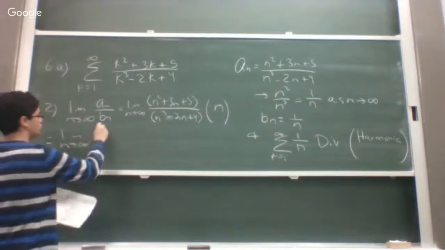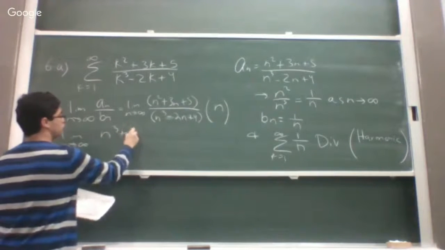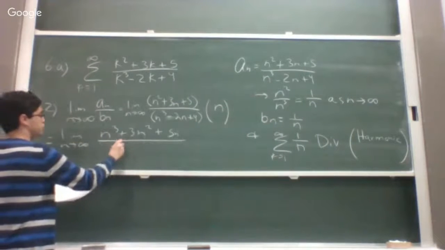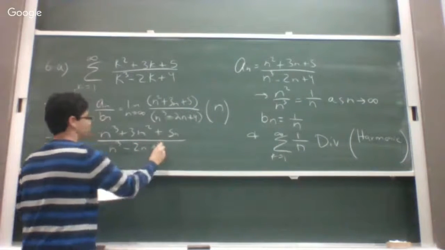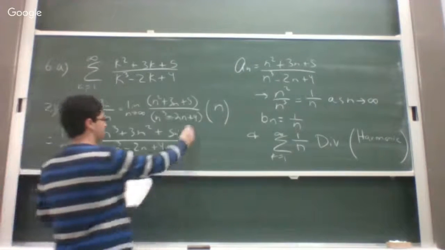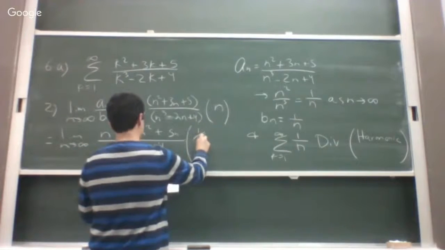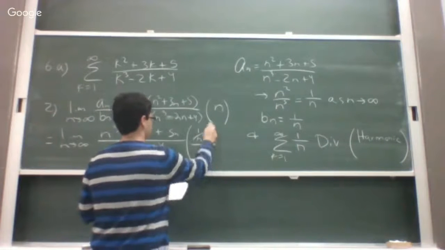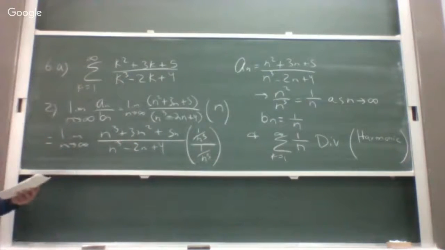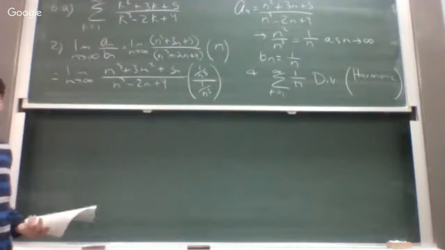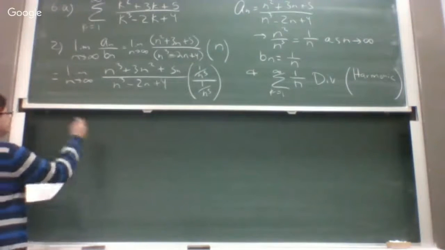Multiplying the n throughout, we have n cubed plus 3n squared plus 5n all over n cubed minus 2n plus 4. What do we do here? Multiply by 1 over n cubed, so like a fraction of 1. We know it's n cubed that we need to divide by because that's the highest degree.